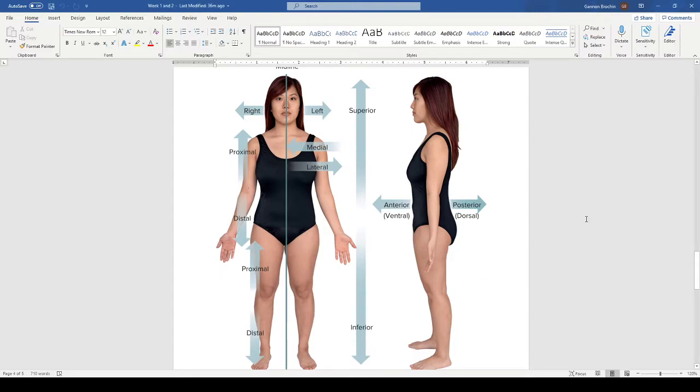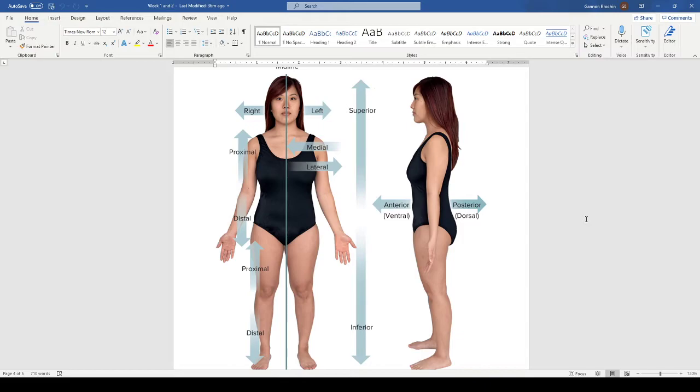Next, directional terms. A lot of these can be used both as absolutes and as relative terms. We'll begin with front and back. You would refer to front as anterior.